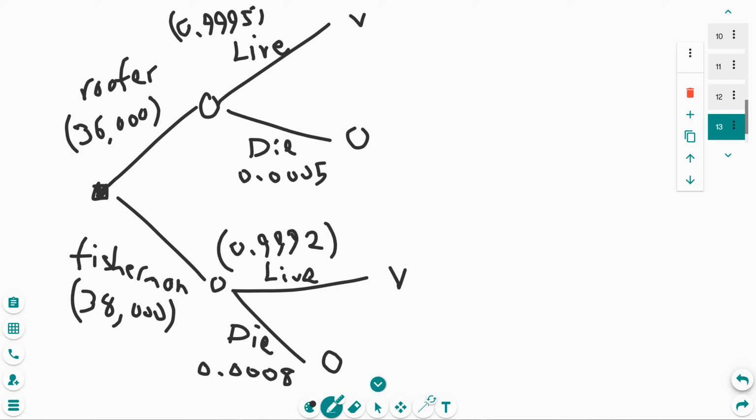And so there has to be some parity between the wages between these occupations. That's going to be the underlying assumption, again, that market equilibrium assumption that we use to back out this value of statistical life.